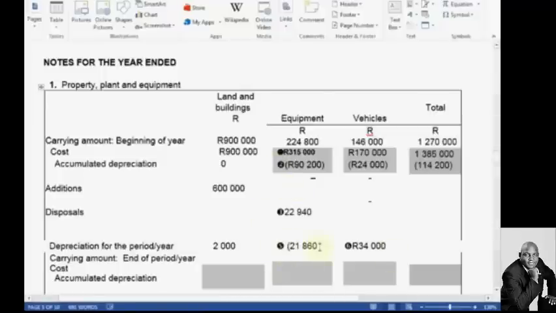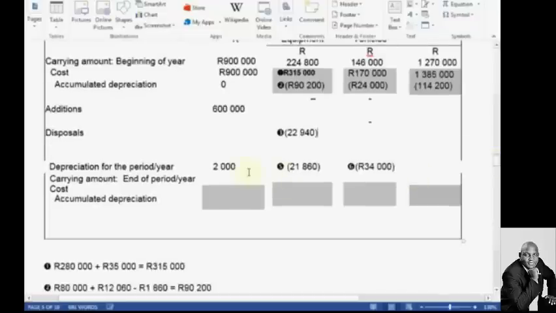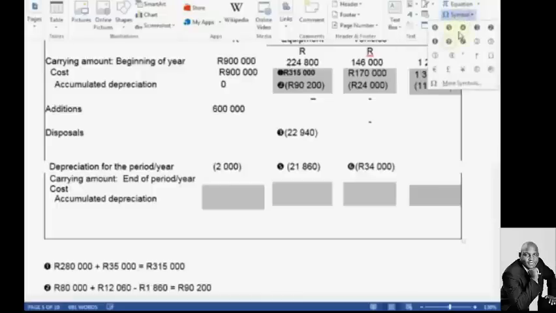It's a negative, so bracket that. Bracket that. And bracket that also. I forgot to put the workings here. That will cost me if that answer is wrong. Bracket the 2,000, and then also put workings number 4.